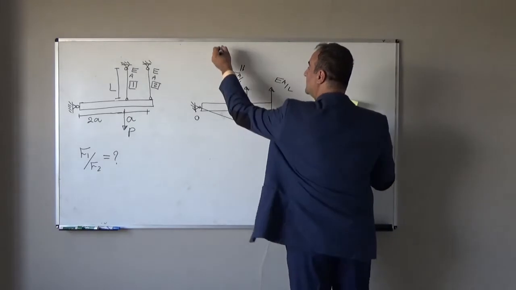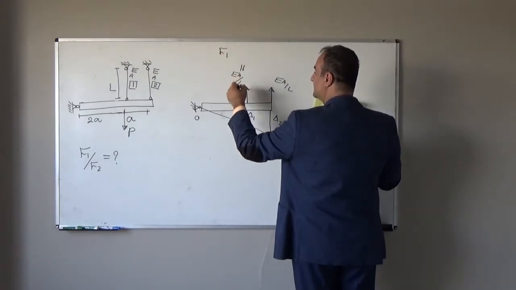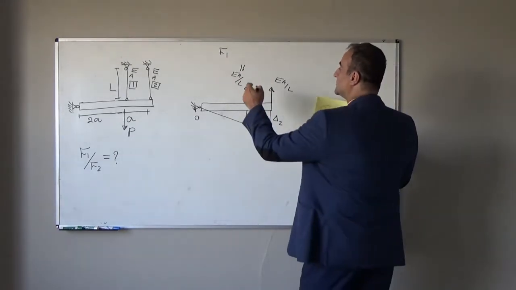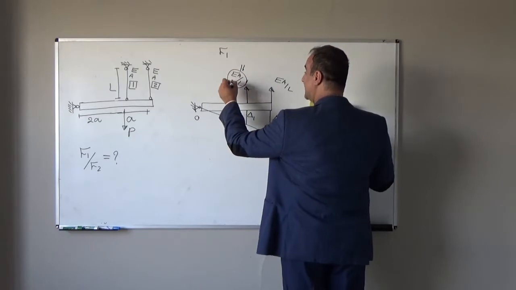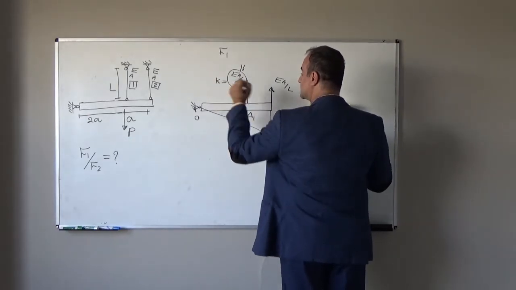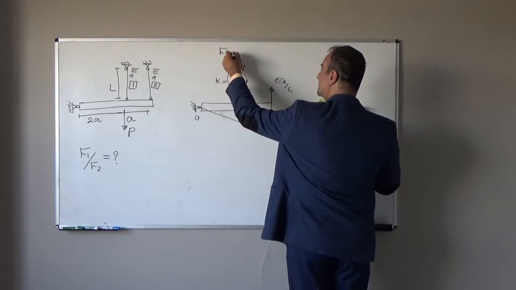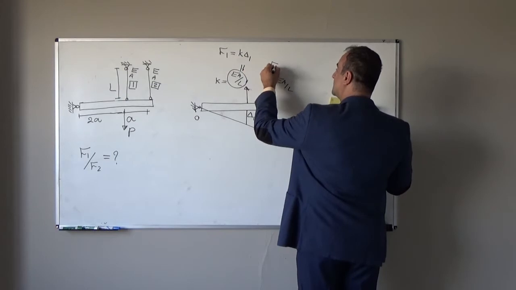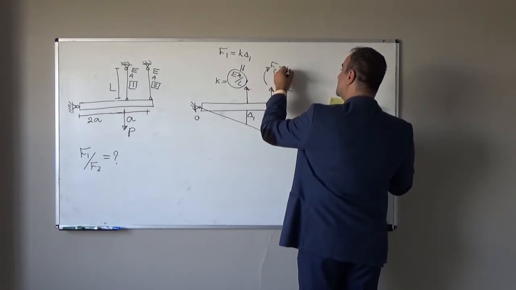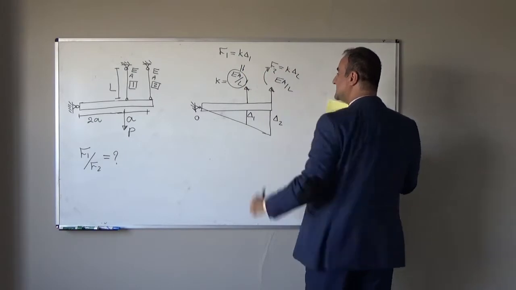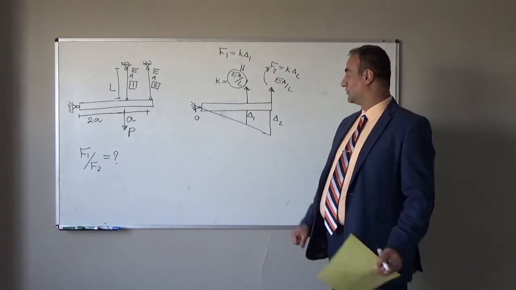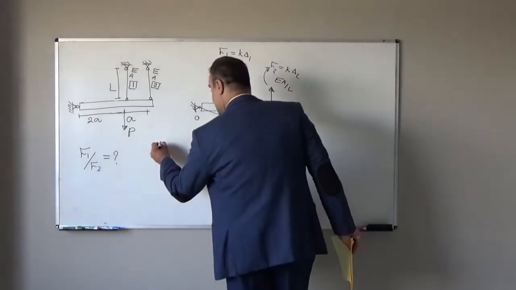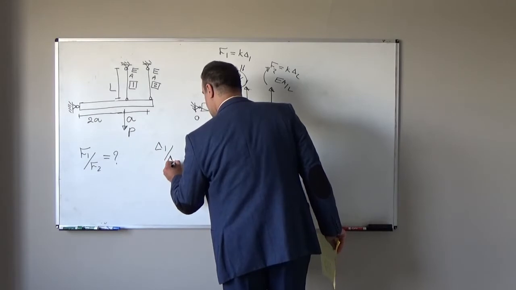So, what will be the force F1? F1 will be this stiffness times delta 1. If I assume EA over L is one constant K, F1 will be K delta 1, and F2 will be K delta 2, because the stiffness for both is equal, EA over L. Now from geometry, what is the ratio of delta 1 over delta 2?